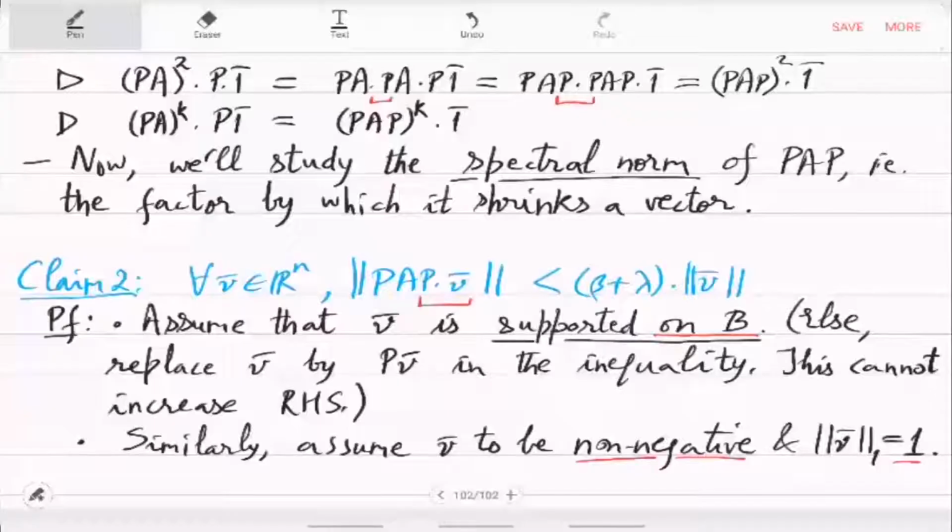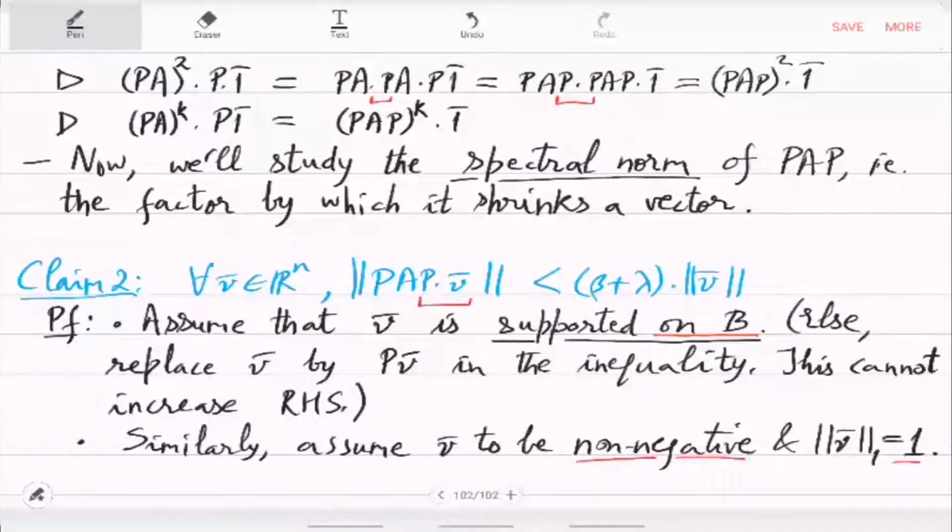And to get lambda, somehow you have to relate LHS to the way A acts on 1 bar orthogonal, right? Because you know that the amount A shrinks 1 bar orthogonal is upper bounded by lambda. So you have to somehow relate with that.